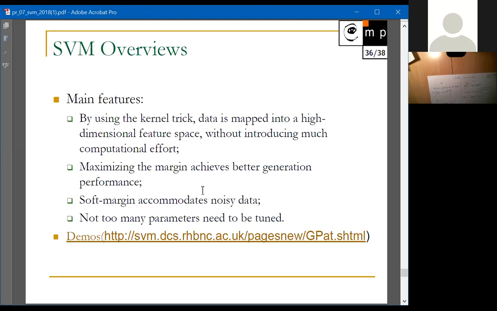You can generalize the formulation to multiple classes. I think you will do that in the labs, but it costs again. It adds complexity in various ways and maybe reduces some of the guarantees that you have in terms of generalization.